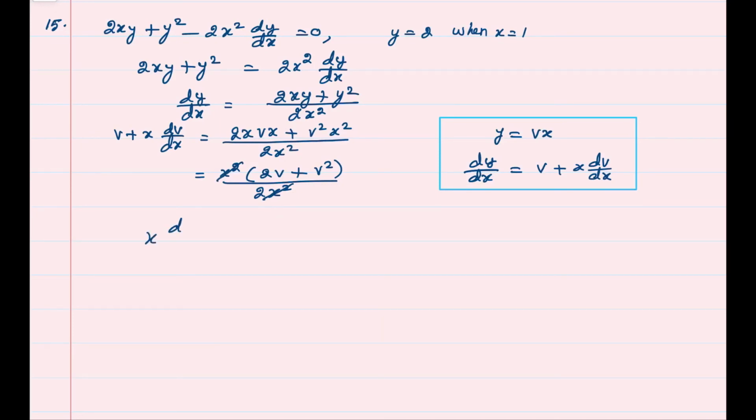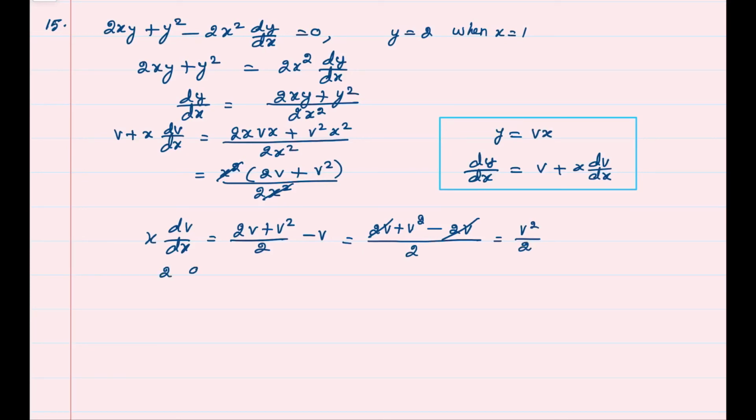Therefore, x dv by dx is 2v plus v square divided by 2 minus v. LCM is 2. 2v plus v square minus 2v. We get v square divided by 2. We will separate the variables. 2 dv upon v square is equal to dx upon x.